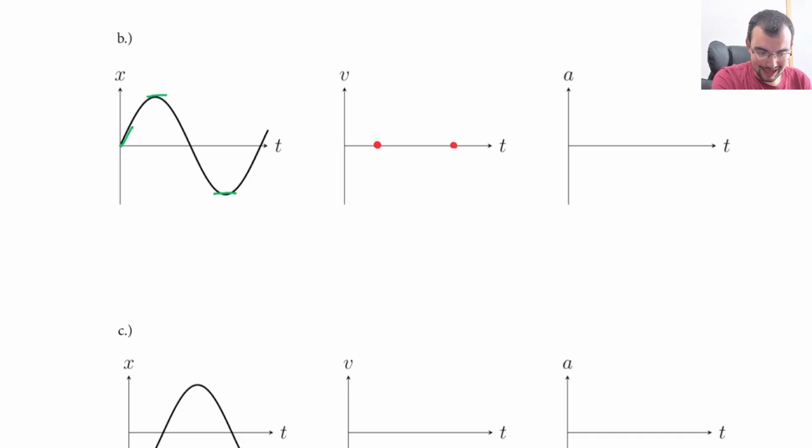I notice it's positive in this connector region. So it's initially positive. Then it's negative in the next connector region. And then it's positive in the final connector. So it looks like we get something like this.